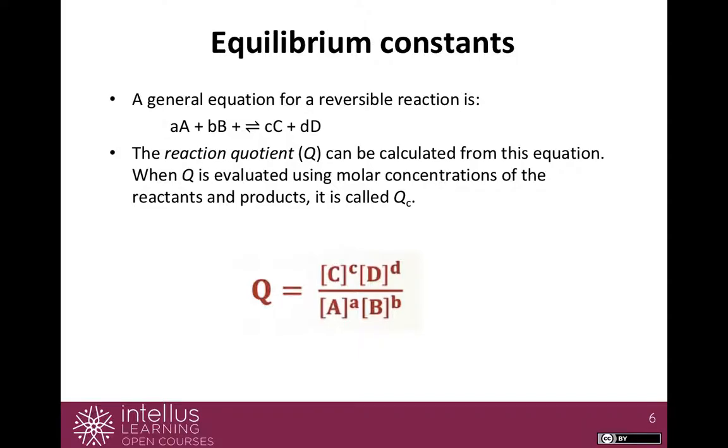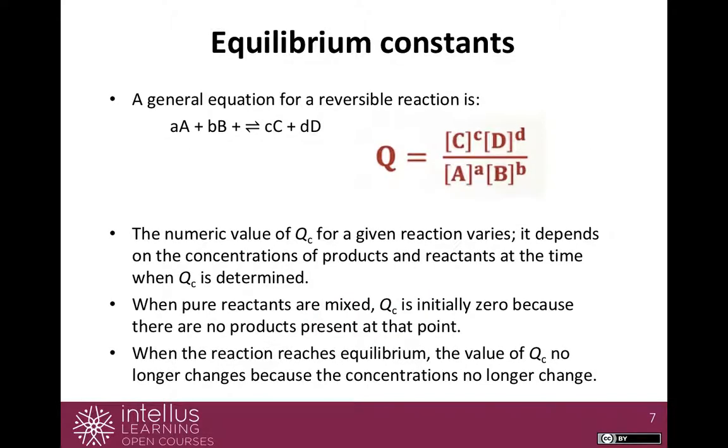What else do we know? Well, the numeric value for QC depends on the concentration of the products and reactants, and when Q is determined in terms of what's happening in the reaction. Did I just add reactants, or has it been going for a while?